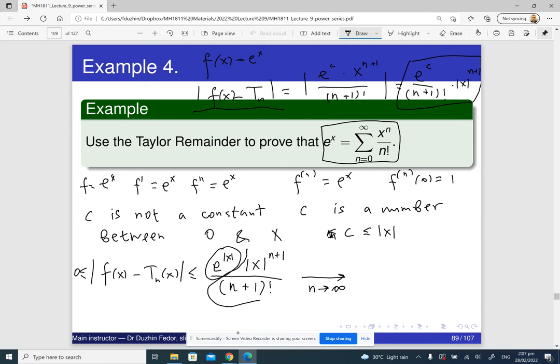But the rest of this is changing, and it goes to 0, basically because of the same logic. It's just absolute value of x raised to some power divided by factorial. So this goes to 0, right? And again, by the squeeze theorem, the absolute value of our remainder is bigger than 0 but less than something that has limit 0. So whatever is in between also has limit 0.